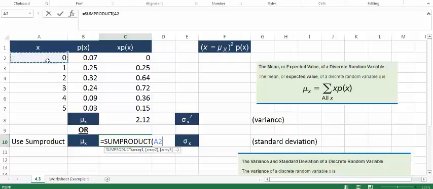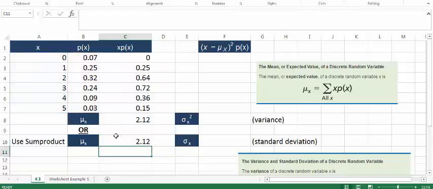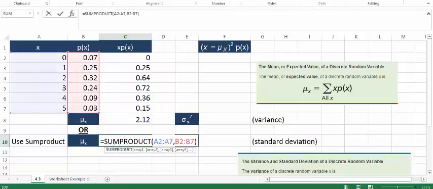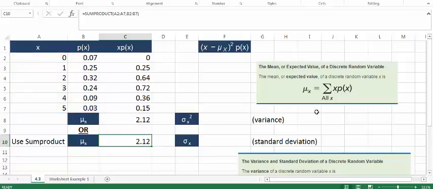I want each element in this array multiplied times each element in this array, and then sum them together. Okay. Hit enter, and we get the exact same answer. So this sum product formula is exactly what this is, summing together products of numbers. Okay, so that's the answer for part A.